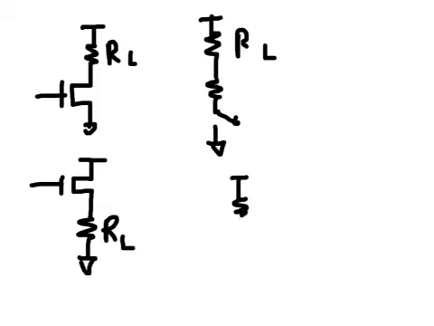Now, to use a MOSFET as a switch in digital circuits, the FET may be connected in 2 configurations. Taking the NMOS as an example, we could have a resistive load here and connect the NMOS this way, or we can have an NMOS in this configuration with the resistive load at the source, and the equivalent switch model would be something like this.